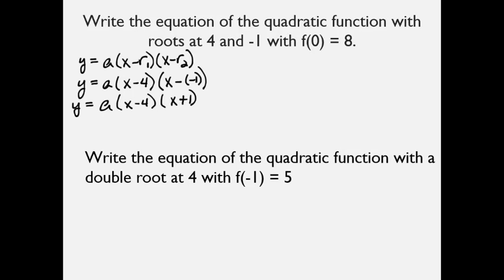And with that, we're going to use this. This is an x, and this is y. This is f of x equals y. So I have an actual point, 0, 8, that I'm going to use for the x and y values. So I go back to the equation, and y was 8, so I say 8 equals a times 0 minus 4 times 0 plus 1.